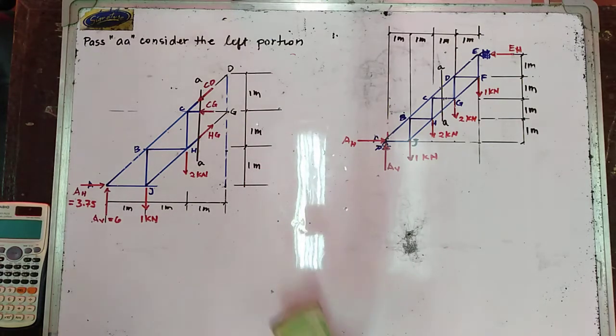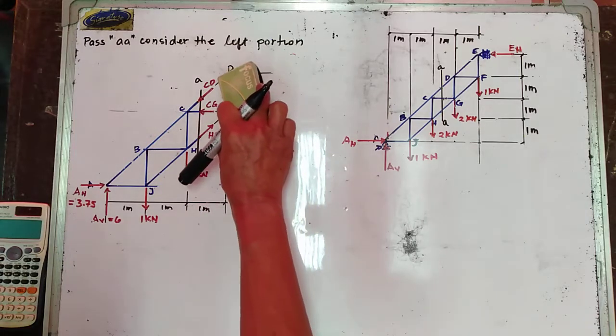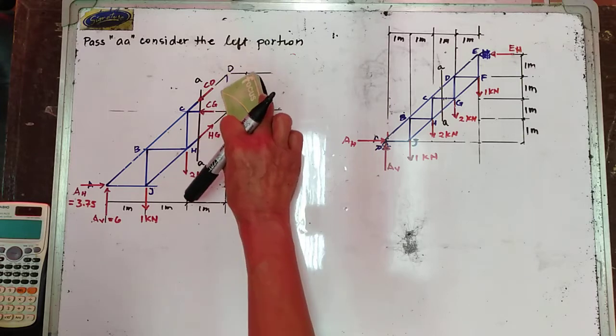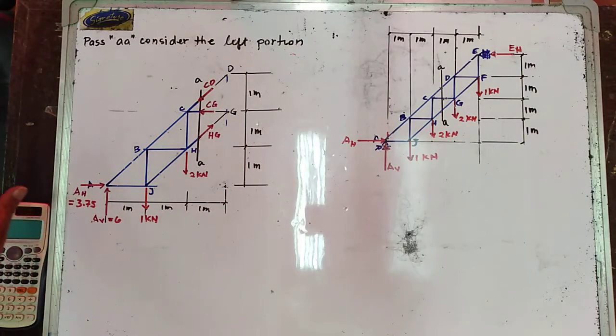So this time, this is, therefore, the free body diagram of the left portion of the cutting plane AA.